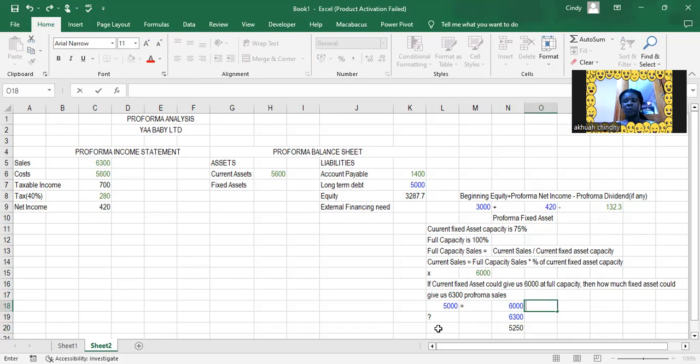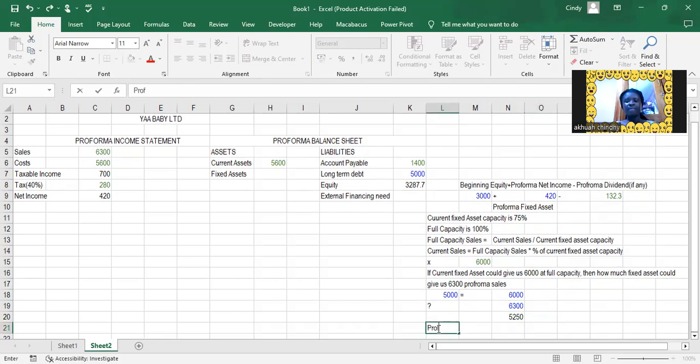Our pro forma fixed asset is equal to our pro forma sales, divided by full capacity sales, times the current fixed assets value.